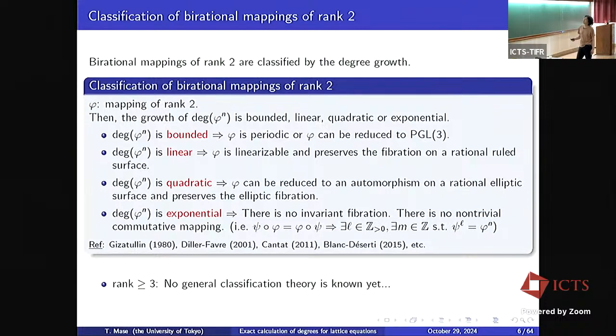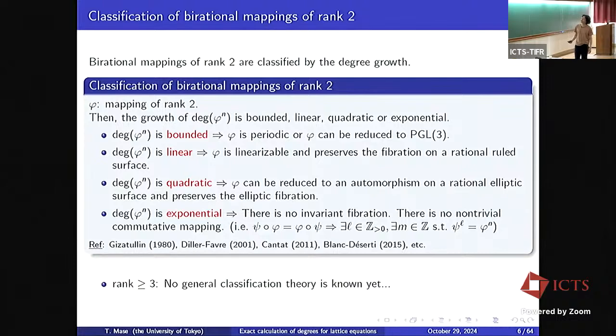If the degree growth is quadratic, then the equation is related to an elliptic function, because the equation preserves an elliptic fibration. If the degree growth is exponential, then there is no invariant fibration. That means no invariance, and there is no non-trivial commuting mapping. This was shown by Cantat.